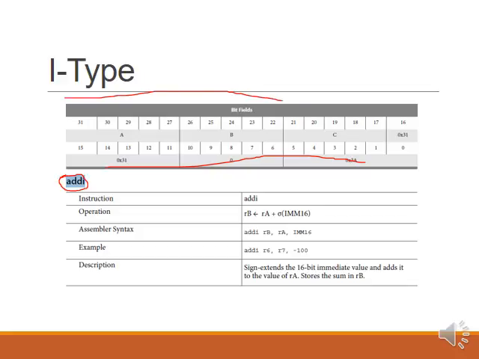Let me remind you that each and every instruction in NIOSII is a 32-bit instruction. The operation performed here is: RB is the destination register, RA is the source register, and the immediate value is being added to RA and then stored in RB.